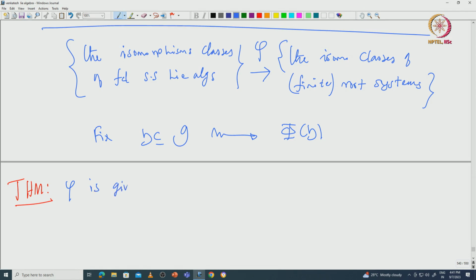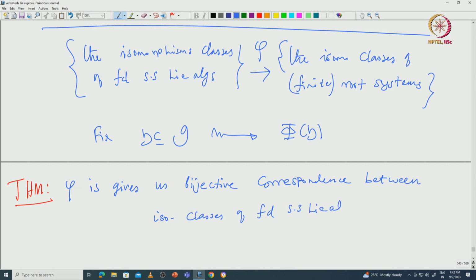This map φ gives us a bijective correspondence between the isomorphism classes of finite dimensional semisimple Lie algebras and the isomorphism classes of root systems.